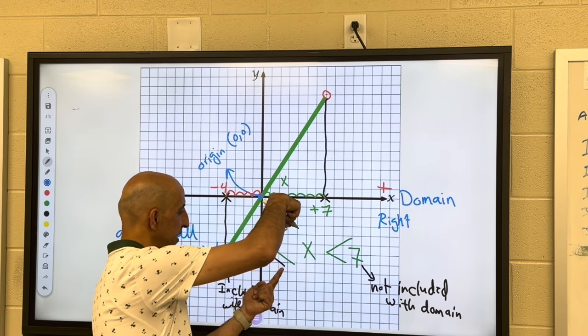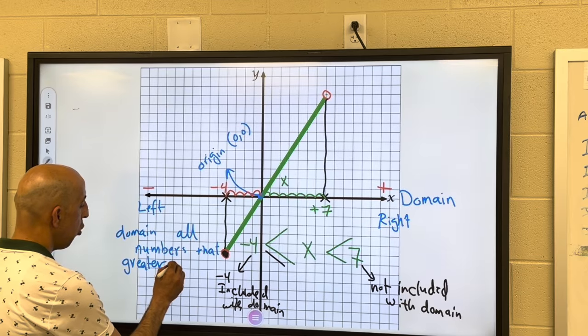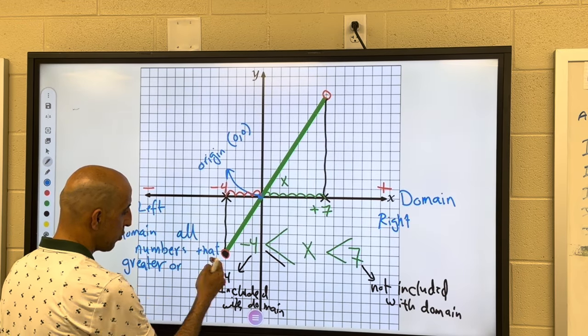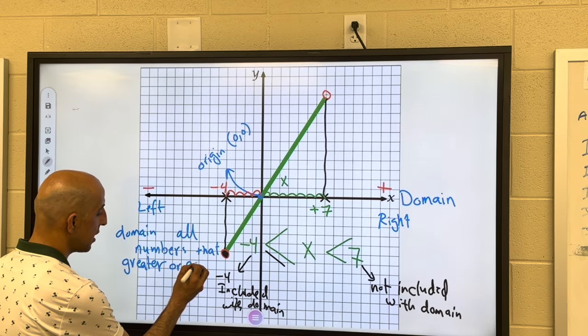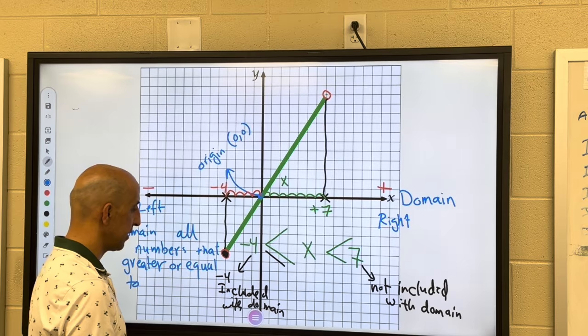This sign, like a big mouth, I read as greater, or, because I have equity, I read it as greater or equal to negative 4.